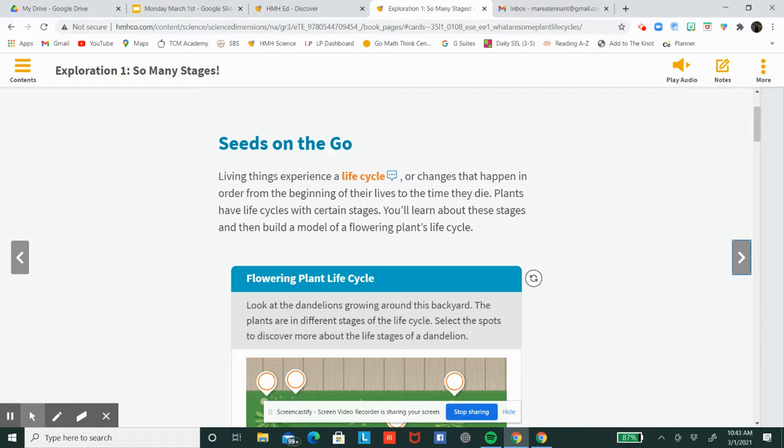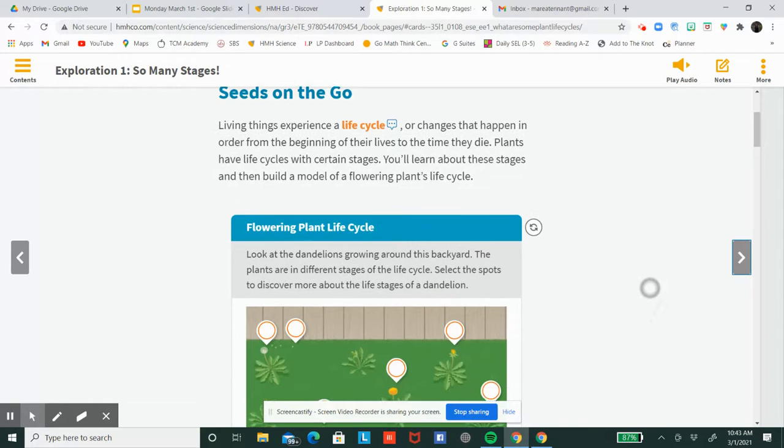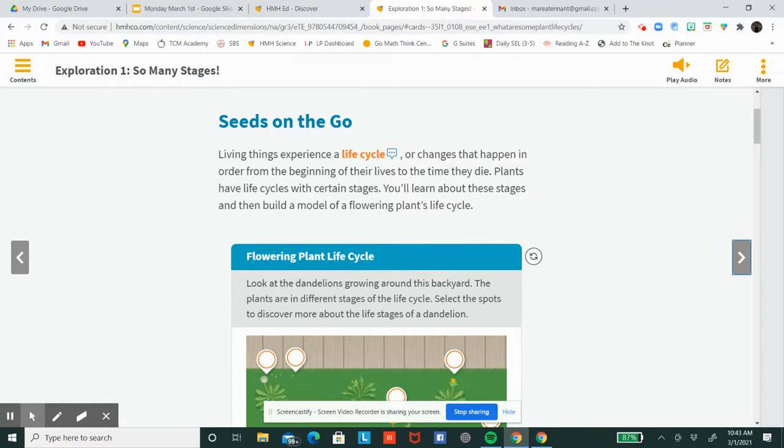Plants have life cycles with certain stages, and we are going to learn about these stages in just a moment. But we as people also go through a life cycle. When you're born, you're not born an adult. You're born a baby. And then every year you get bigger, and then you're a toddler, then a child, then a teenager, then a young adult, then an adult. All of us also go through a life cycle as well.